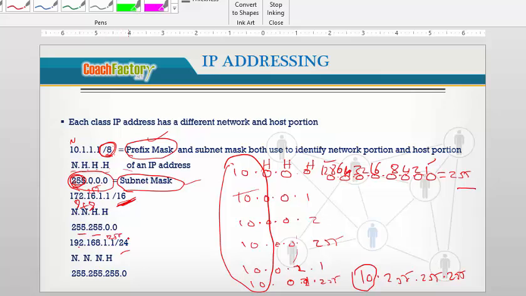And in class C, we have 3 network portions. That's why it is /24 and 255.255.255.0. This is the subnet mask. So we are done with today's session. I thank you for watching it.